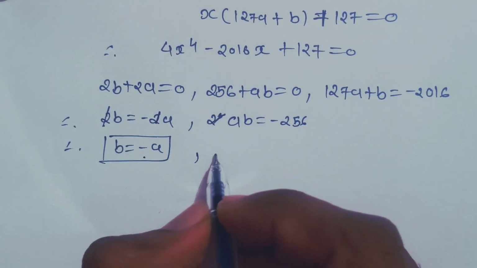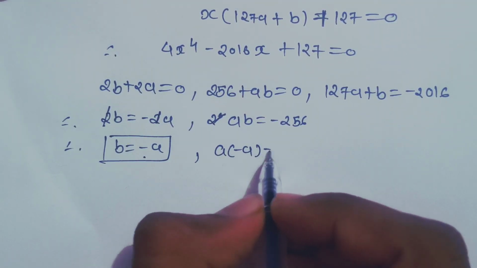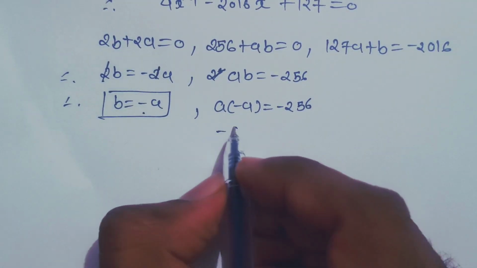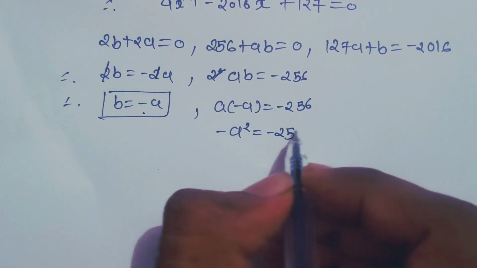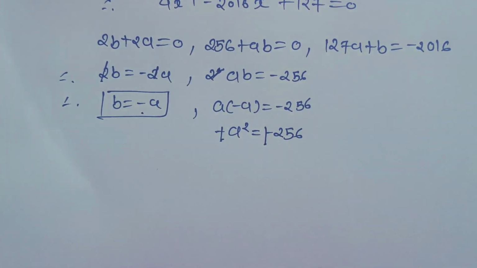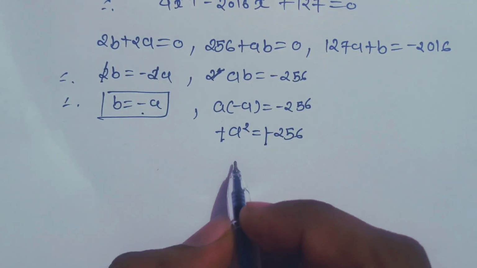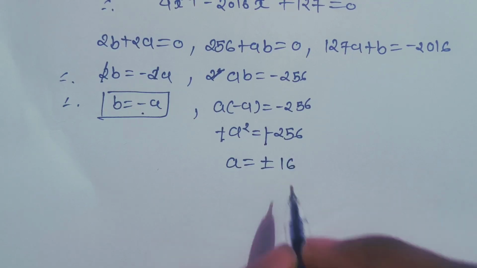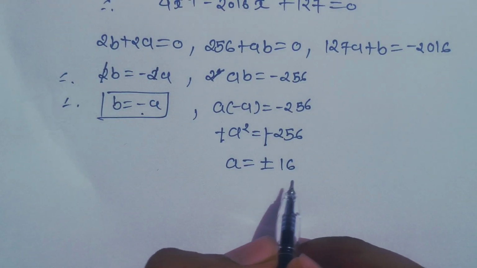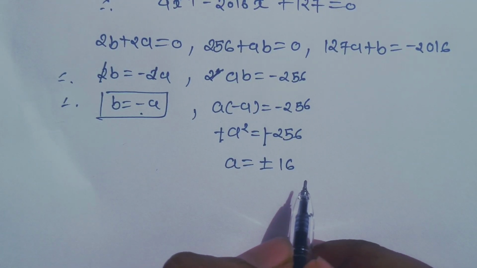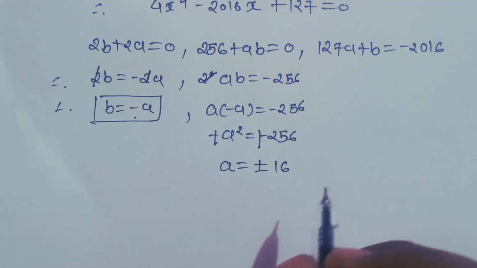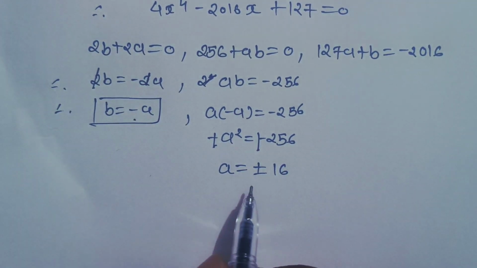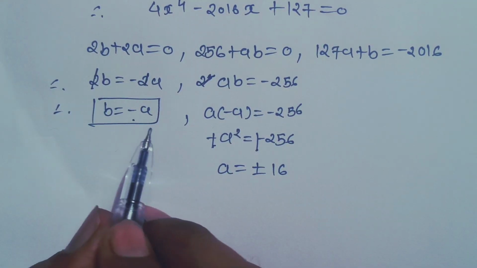Therefore, putting b as minus a, minus a square equals minus 256, then multiplying both sides by minus 1, a square is equal to 256. Then a is equal to plus or minus the square root of 256, which is 16, so two values of a are possible: a equal to plus 16, or a equal to minus 16. If a is equal to plus 16, then b is equal to minus 16, and if a is equal to minus 16, then b is equal to plus 16.